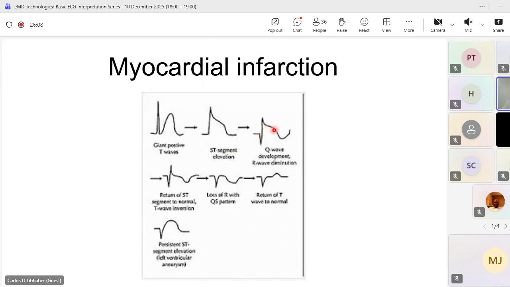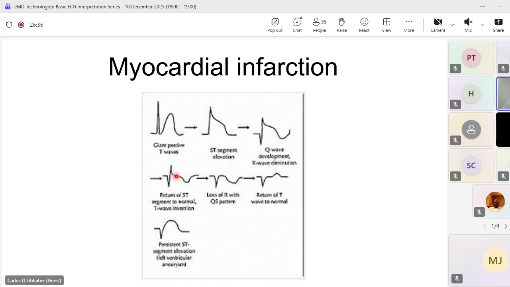And look, the ST is coming down, but it's still elevated, but the T wave is becoming negative. It was positive. If you wait a bit more, the Q is even deeper, always wide. The R wave is smaller.